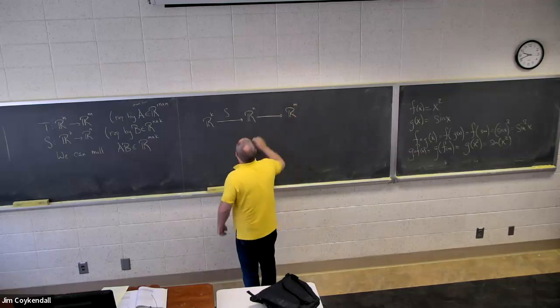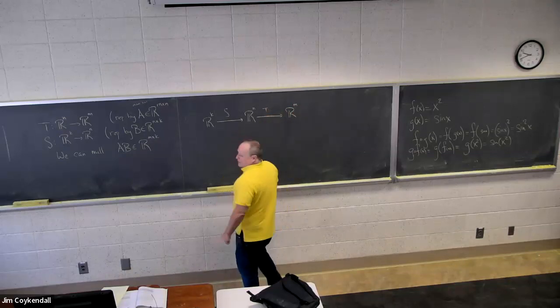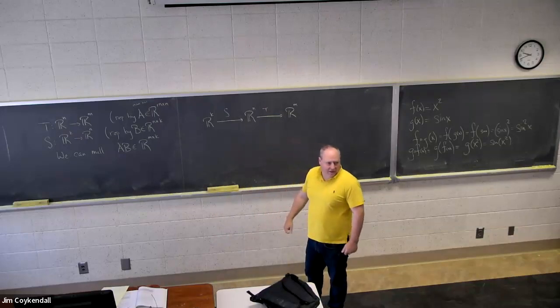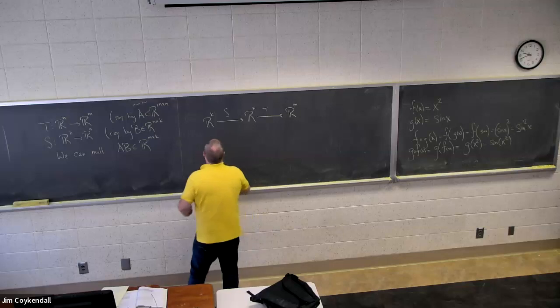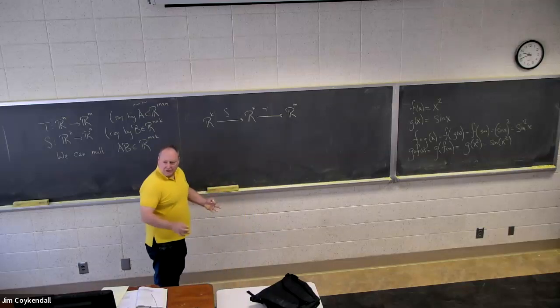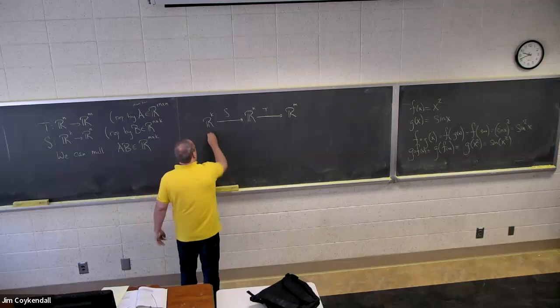And T takes an input here and spits out this. So if I start with a vector here, what's the little path of the vector?